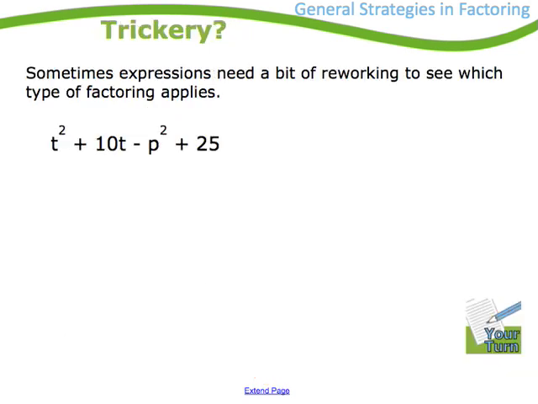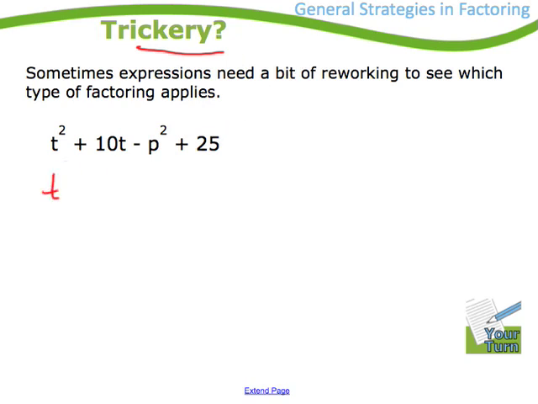Sometimes they give you a little bit of trickery where you look at a question and there's 4 terms, but when I look at them, the group factoring thing probably won't work. With this one, and it is sort of a form of trickery, sometimes you need to rework them a little bit.